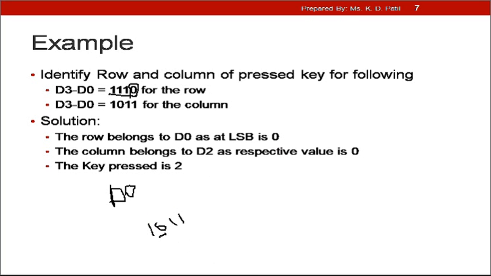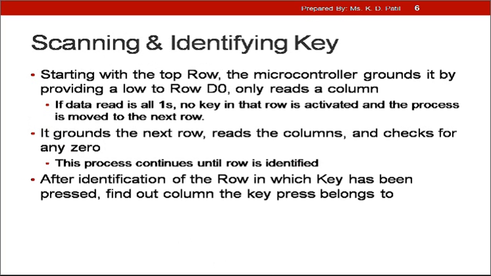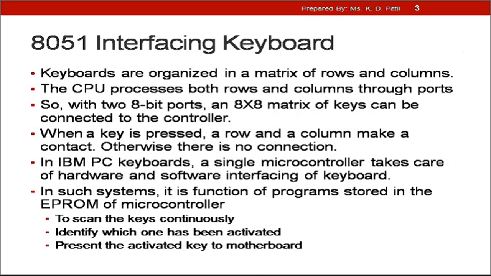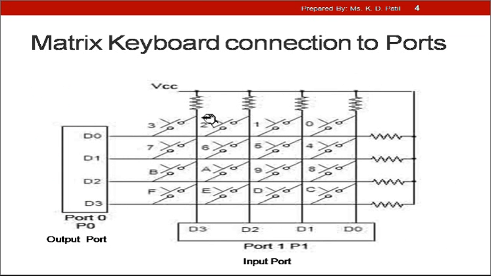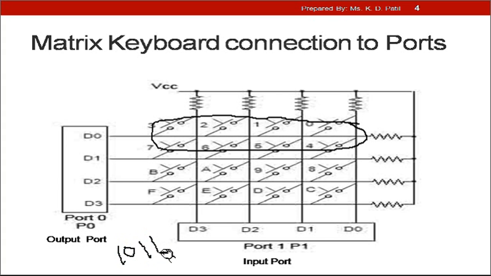Likewise, this is my D0 row and D2 column. The microcontroller will first identify that a key has been pressed in the D0 row, and next, according to the column value 1011, it will understand that the key has been pressed from column D2.